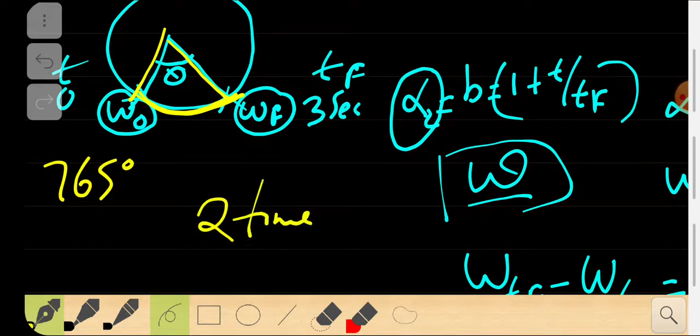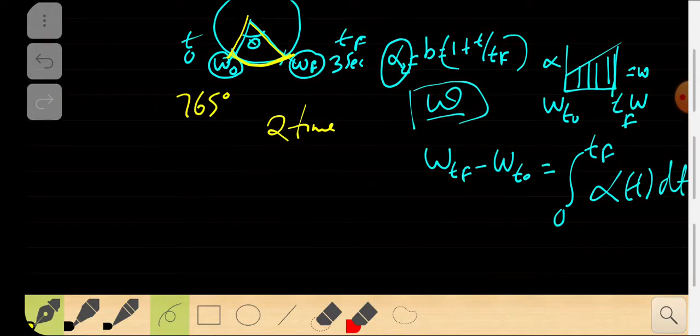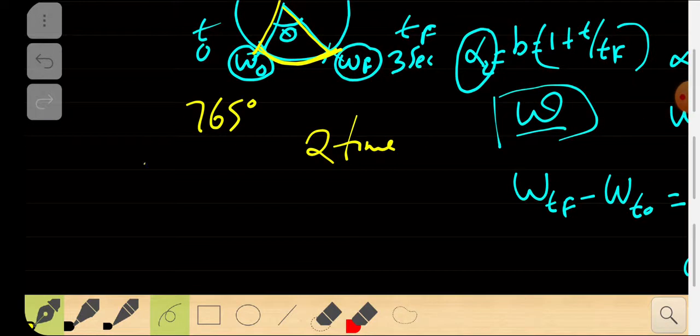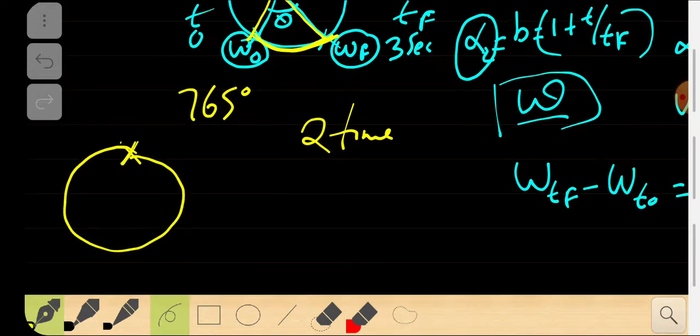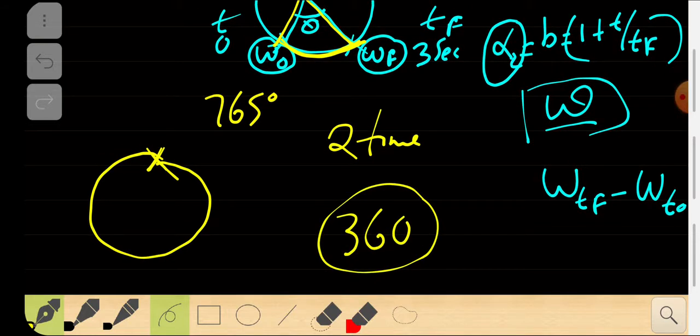So in 3 seconds, this body, which is moving with this angular acceleration alpha and angular velocity omega, will go around approximately 2 times. Since 360 is one rotation, it goes around one time, and then again a second time, approximately.